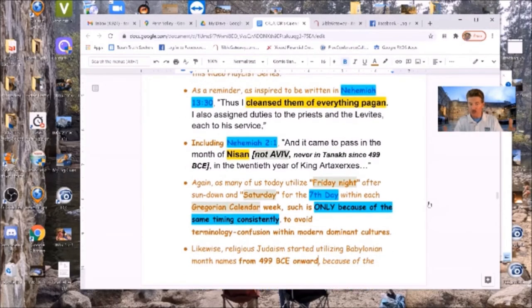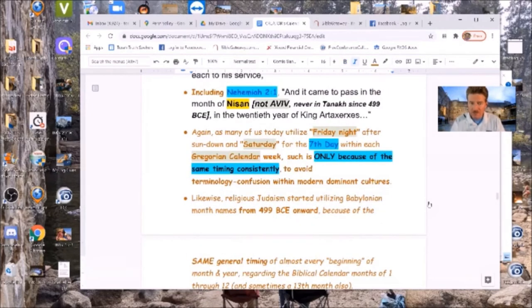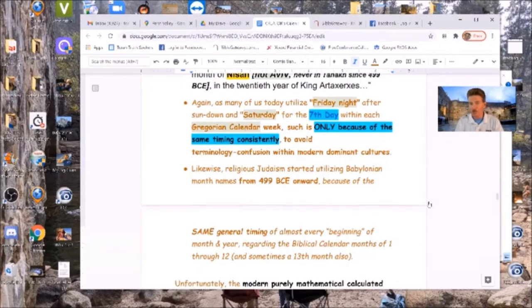Likewise, religious Judaism started utilizing Babylonian month names from 499 onward because of the beginning of each month and year. It was based upon the same principles regarding the biblical calendar months of 1 through 12, and sometimes a 13th month also.